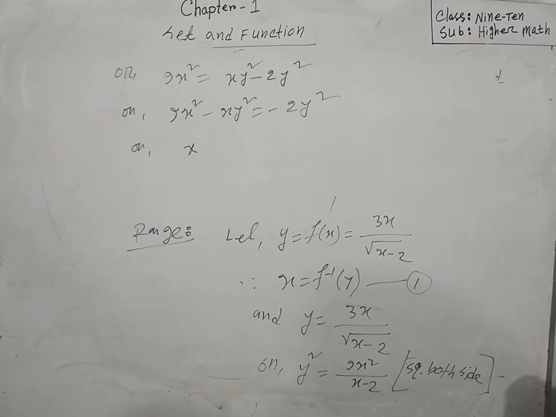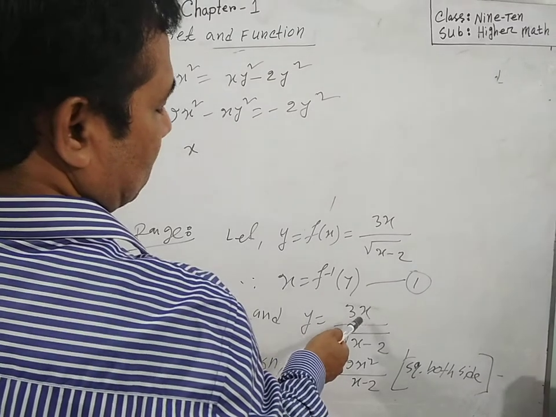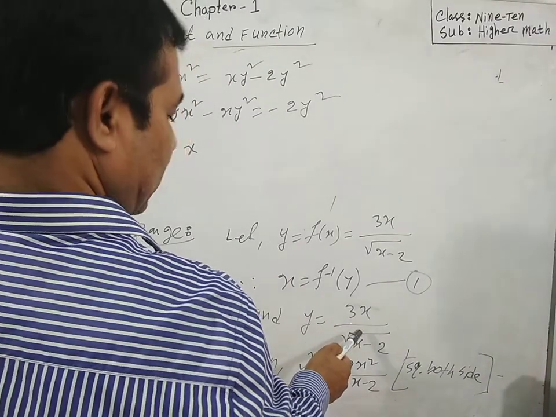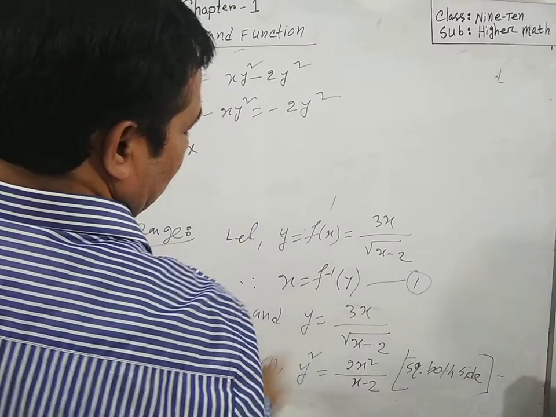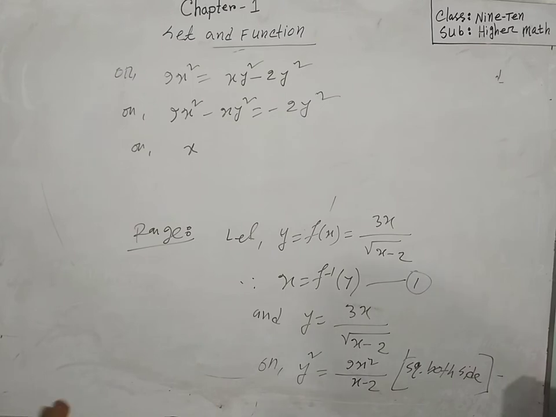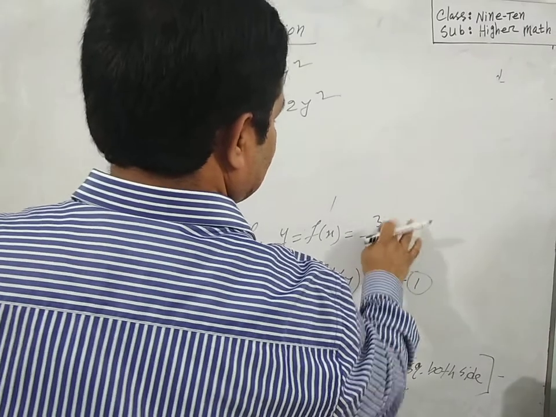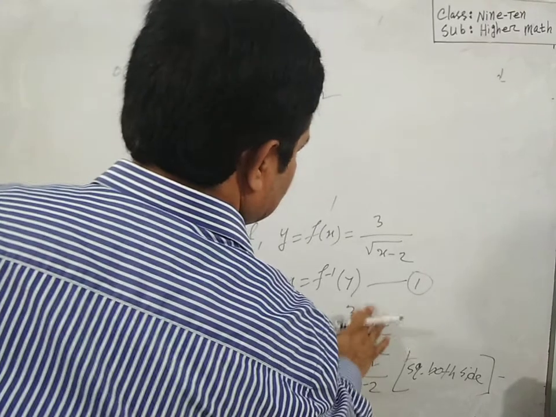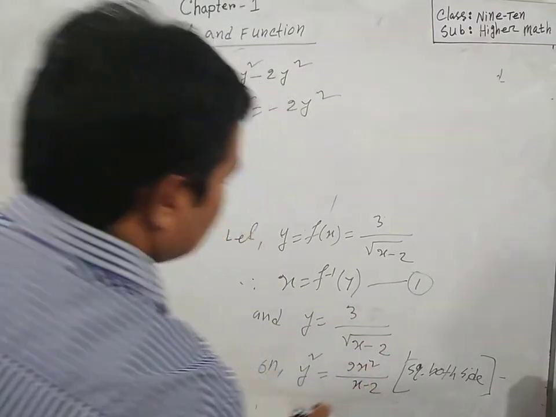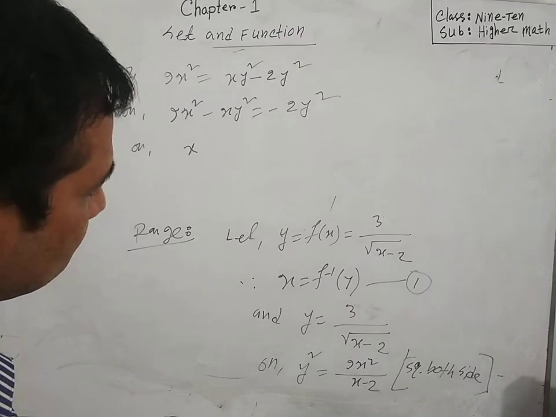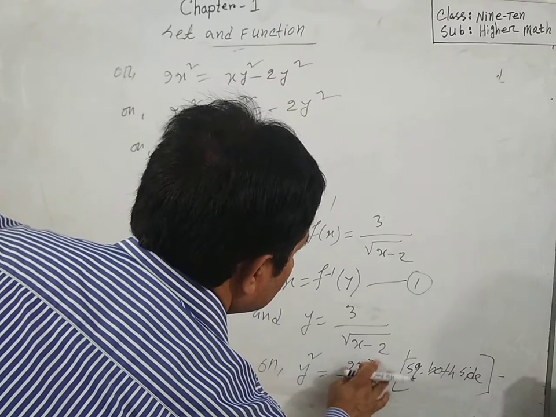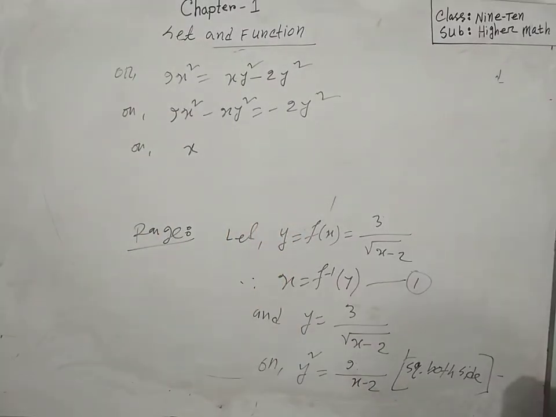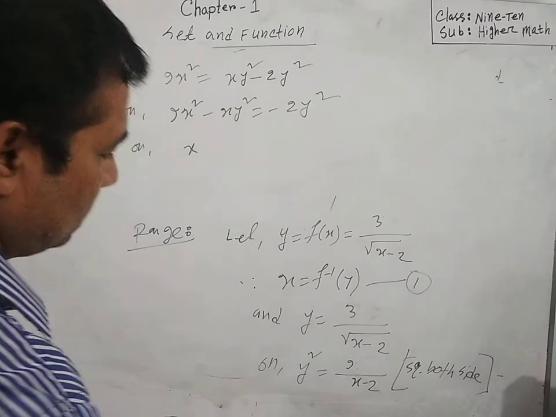In this method the question is wrong, because the numerator should be only 3 and not 3x. So we deduct x here, only 3. This is 3 squared, 9, over x minus 2.